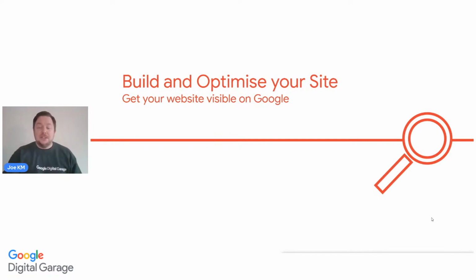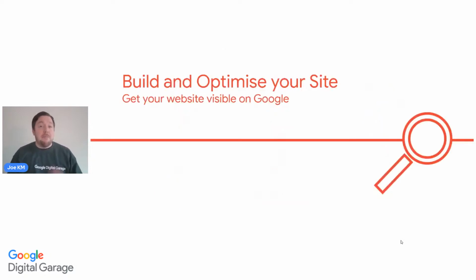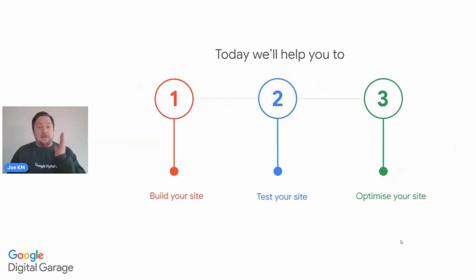Today, we're going to go through 3 nice bite-sizable chunks, and it's all going to be based around building and optimizing your site to hopefully get yourself a little bit more visible on Google. So we're going to have build your site. If you haven't done this already, we're going to go through a really nice, quick, step-by-step process to give you the best opportunity to start that ball rolling.